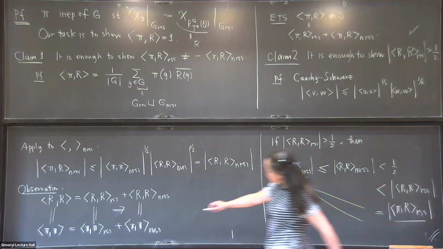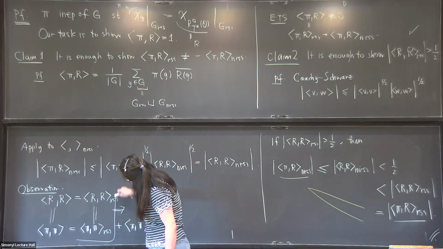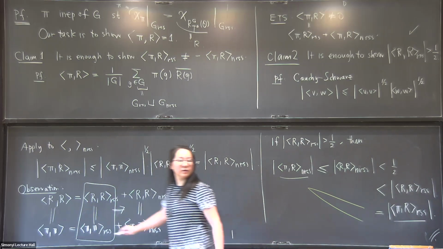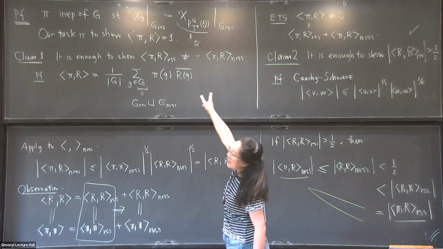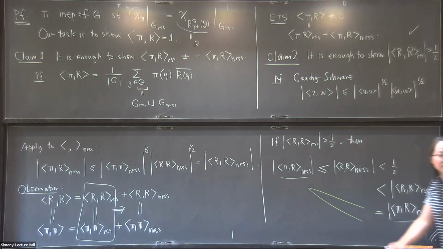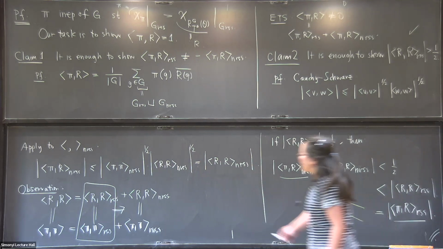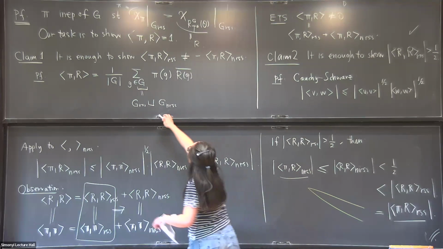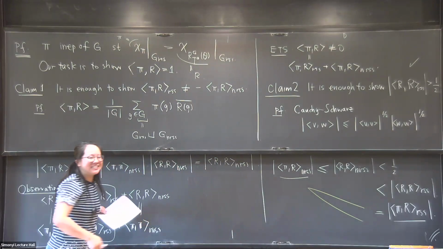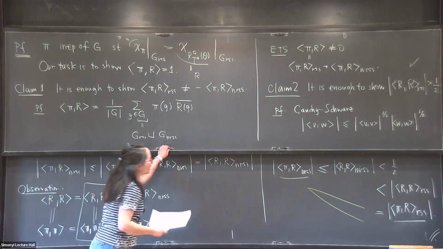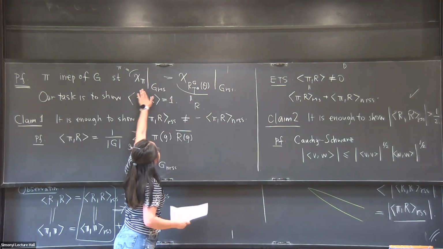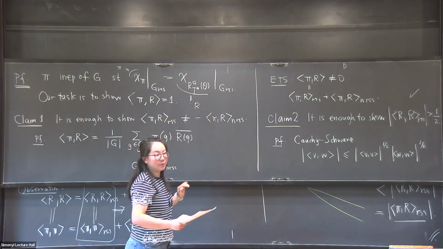Yeah, so for the same reason as here, which came from the assumption that pi and r are the same on the regular semi-simple part. But over there it's pi and RR. Oh, I see. Yeah, good point. Okay. Yeah, it's again this. So for the same reason, even though it's not the same thing I wrote down, I have this pi is equal to r on the regular semi-simple part.